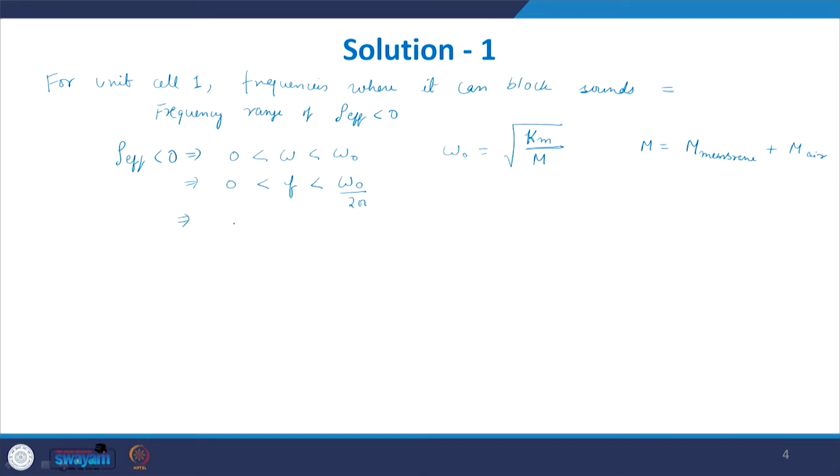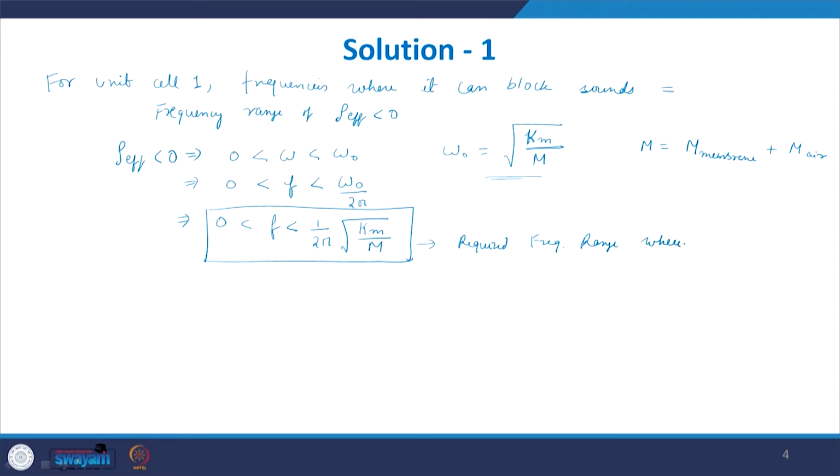So, the range that we are finding is between 0 and omega naught, which gives 1 upon 2 pi times the square root of Km by capital M. This is the required frequency range where unit cell 1 will reduce or control sound.